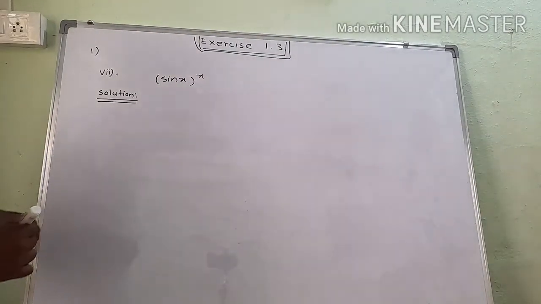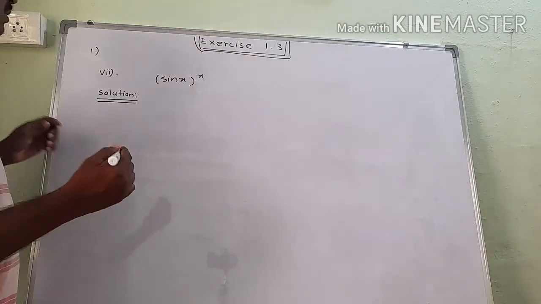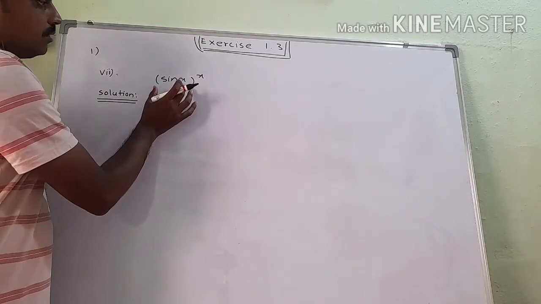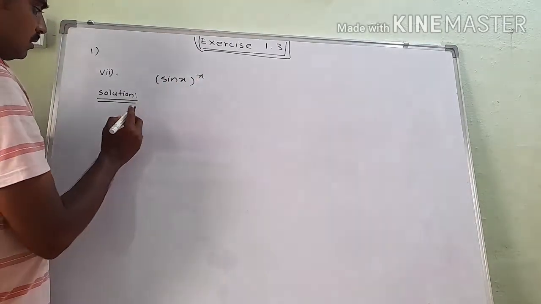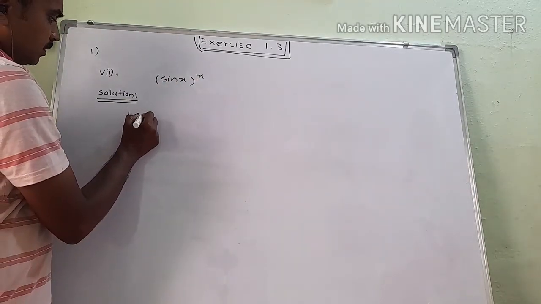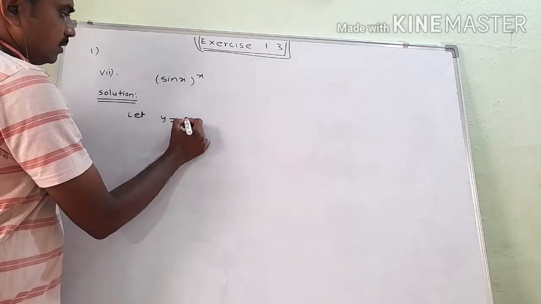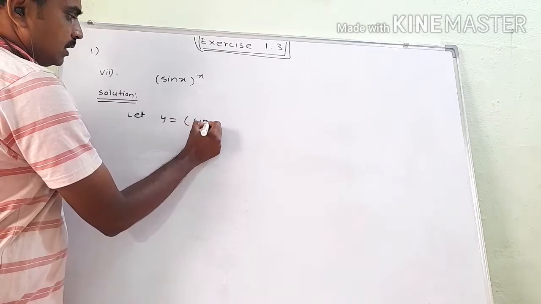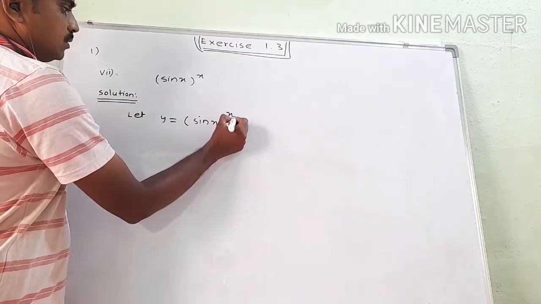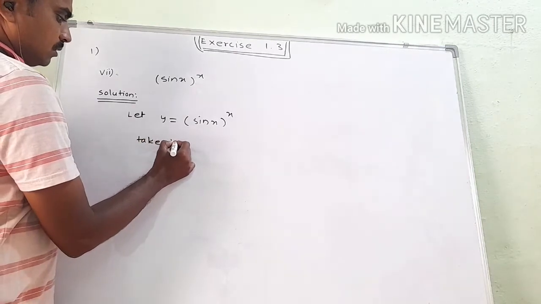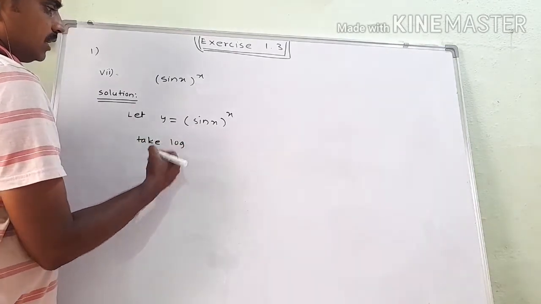Now our second example is sin x raised to x. This is also an example of type function raised to function. To solve a function raised to function example, first of all we have to write y equal to sin x raised to x. Again this example also cannot be solved by direct differentiation.